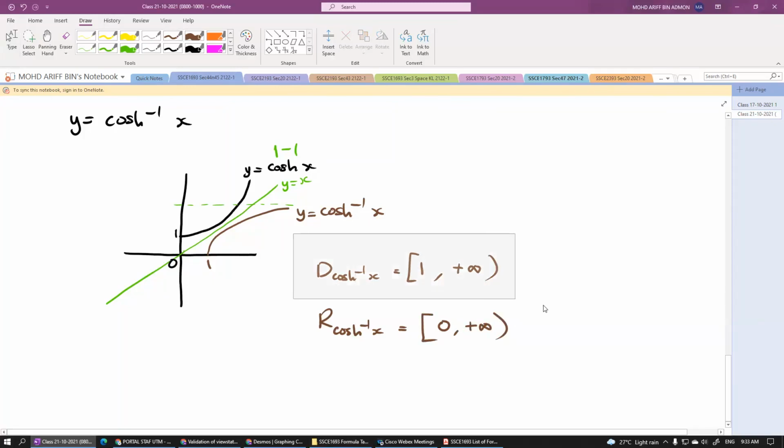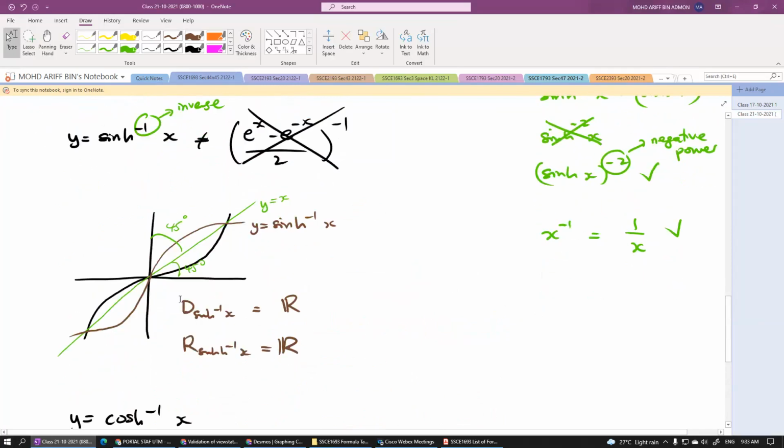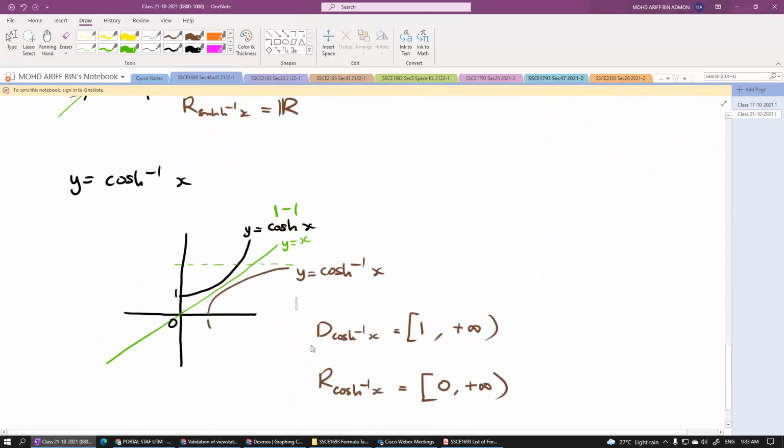Take a look here. For inverse hyperbolic sine, maybe no problem because the domain is the real numbers. But for inverse cosine hyperbolic, when you are solving any problem and you get x values less than 1, you have to reject them. For example, you get two values, one is 0.5, another is 3.